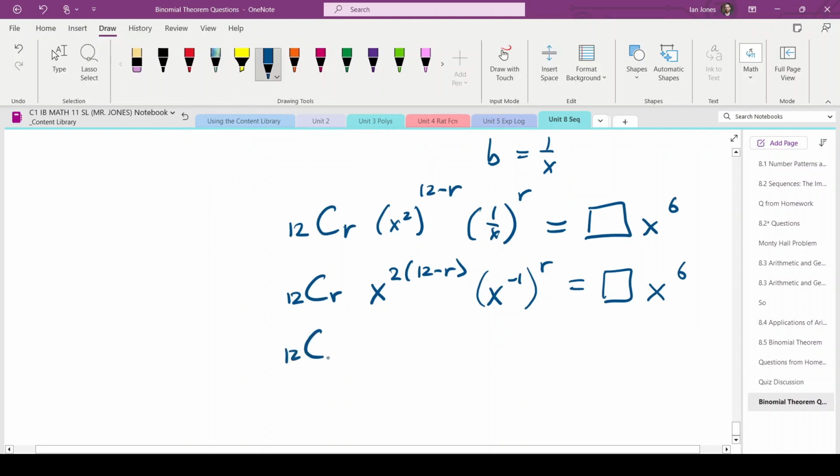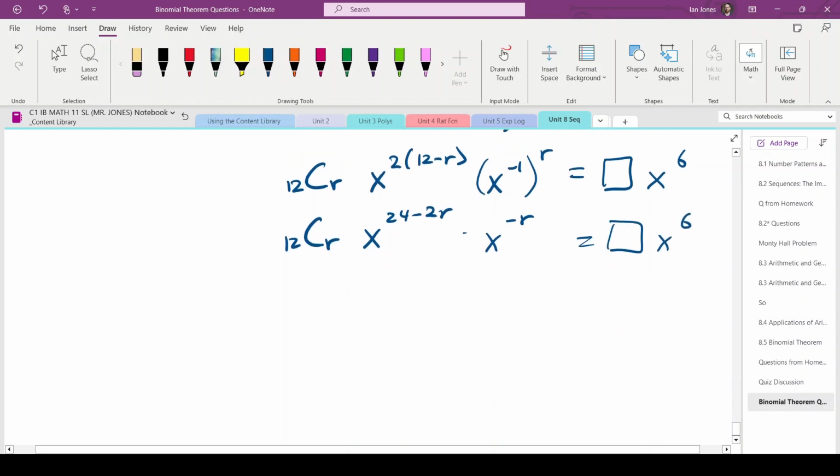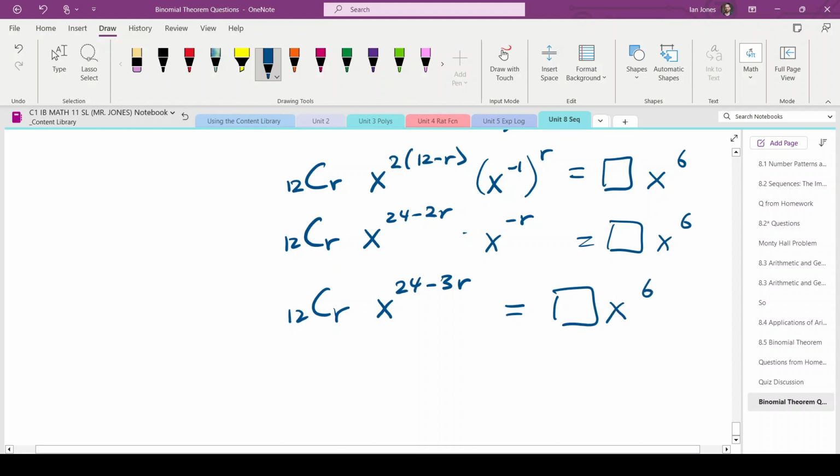I have 12 choose r, x to the 24 minus 2r times x to the negative r equals something x to the 6th. And I'm just simplifying this left-hand side as much as I can. I have 12 choose r x to the, I'm multiplying so I can add the exponents, minus 2r plus negative r. So this is going to be 24 minus 3r equals something, x to the 6th.